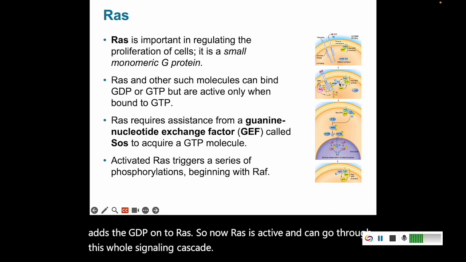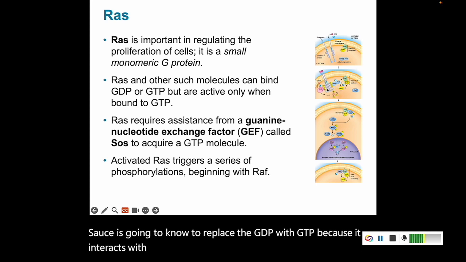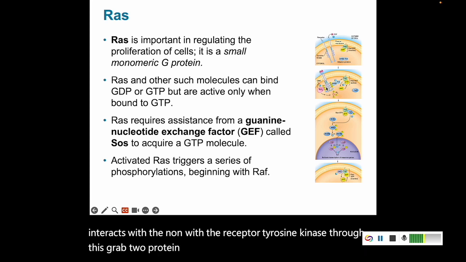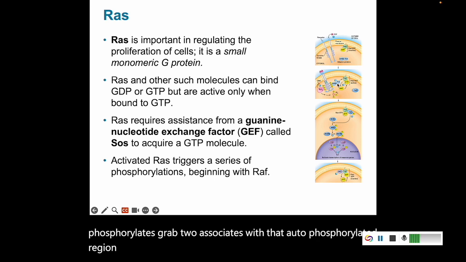SOS is going to know to replace the GDP with GTP because it interacts with the receptor tyrosine kinase through this GRB2 protein. So the receptor binds to ligand, autophosphorylates, GRB2 associates with that autophosphorylated region and triggers SOS to add a GTP to RAS.